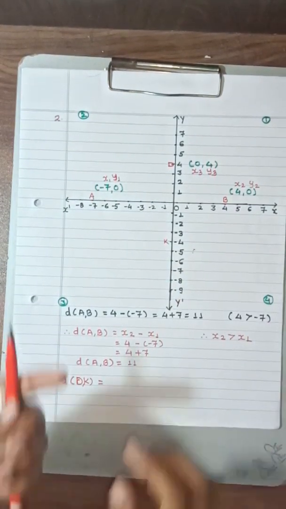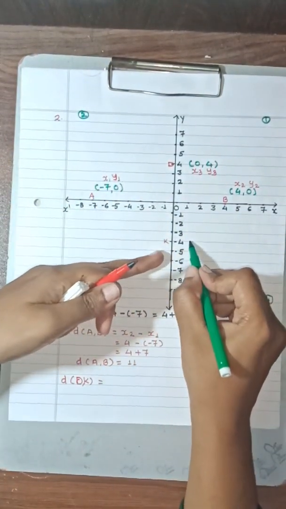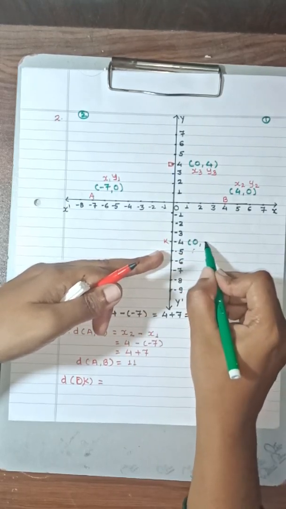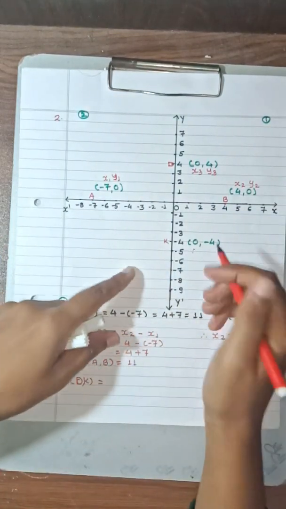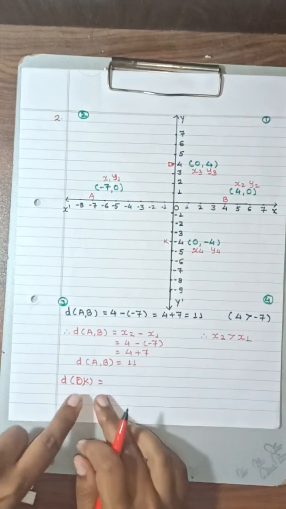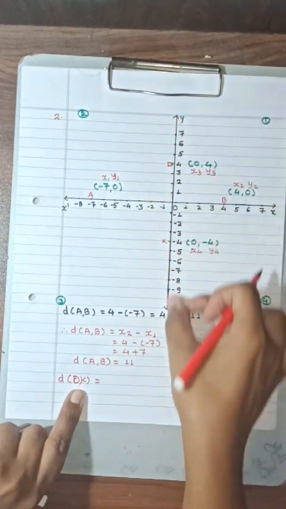Okay, now I've taken any point K here and I'll write down its coordinates. The X coordinate will be 0 as it is on the Y axis and the Y coordinate will be 4, and this will be your X4 and Y4.